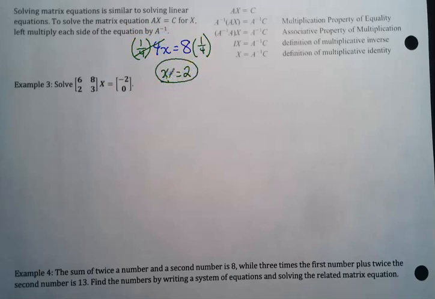A lot of times we divide, but we can use the multiplicative inverse. We use this most often when we have fractions. Like if we had 3/2 x equals 12, in this case, the multiplicative inverse is 2/3.